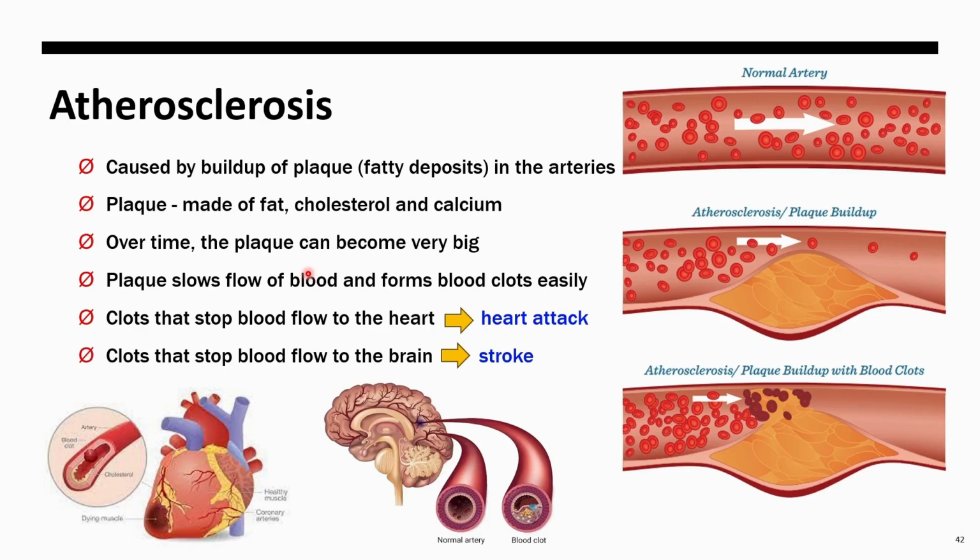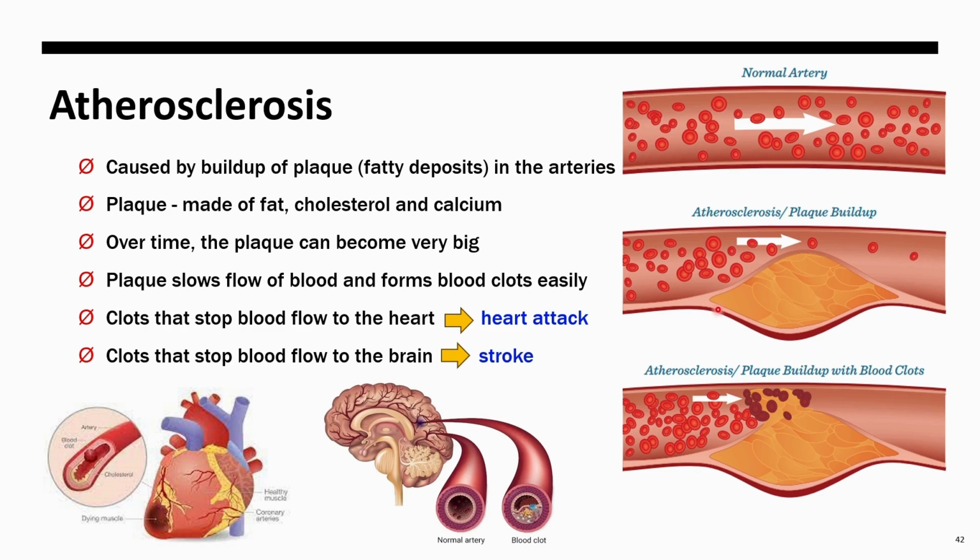So what is this atherosclerosis? How does this happen? You can say this is a normal artery where there's no blockage to the blood flow. But in persons with atherosclerosis, it is caused by a buildup of fatty deposits in the arteries. These deposits are known as plaques, made up of fat, cholesterol and calcium.